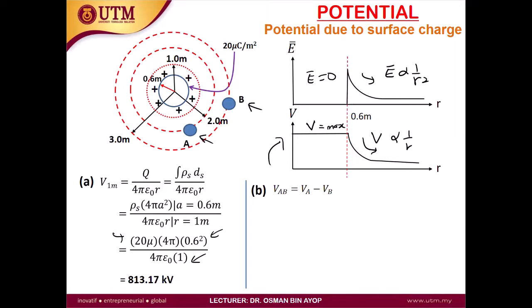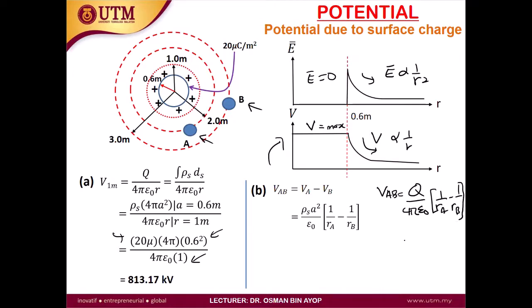Alright, so we have VAB equal to VA minus VB. And then you have to remember that VAB is equal to Q divided by 4 pi epsilon naught times 1 over RA minus 1 over RB.